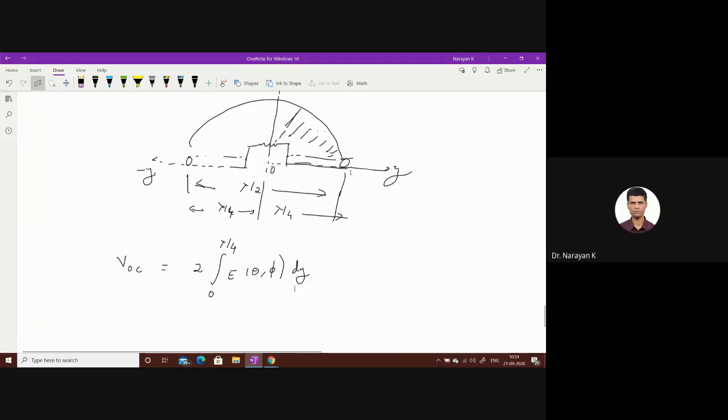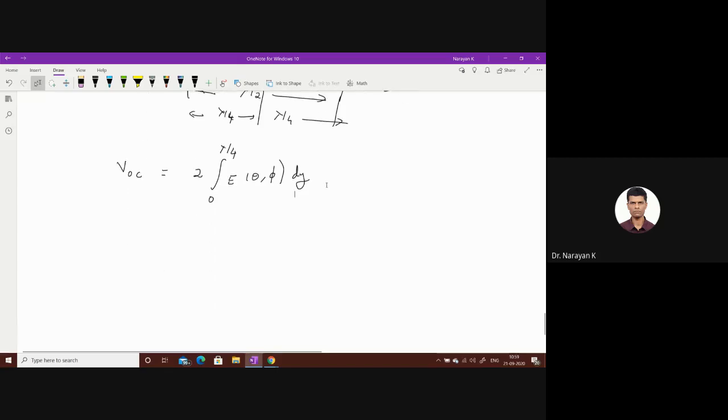This entire length of lambda by 2, I am dividing into lambda by 4, lambda by 4. One lambda by 4 is in the positive y direction, one lambda by 4 is in the negative y direction. So when I am trying to find the voltage under this curve, I am integrating from 0 to lambda by 4 two times, because there is a mirror image on both sides. Is it clear for you? Yes, sir.